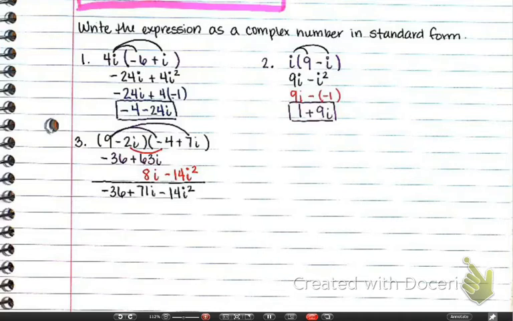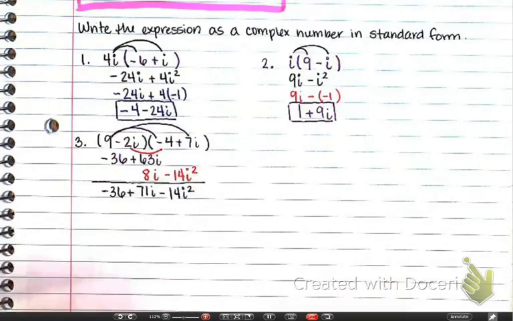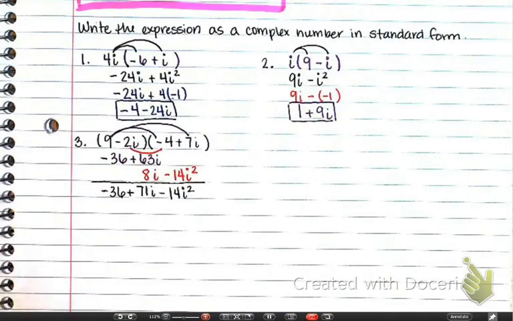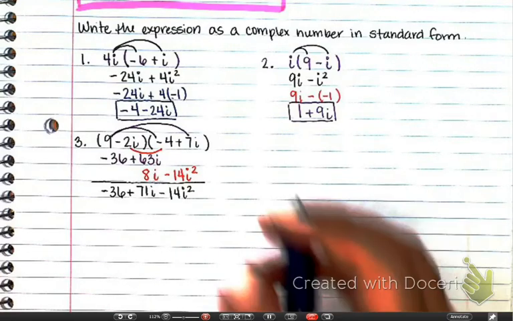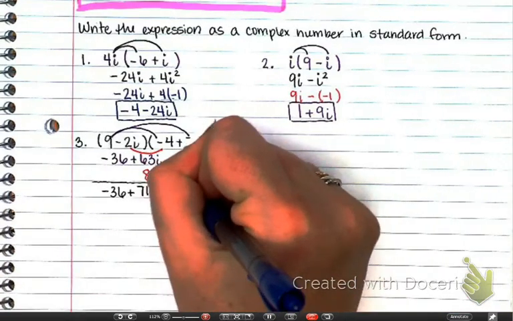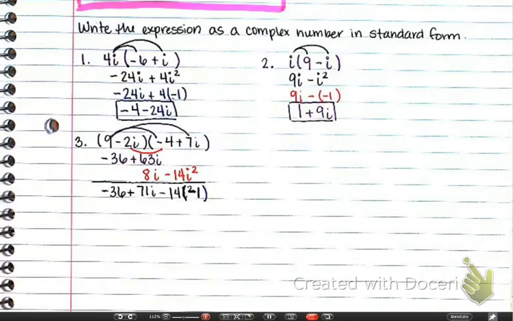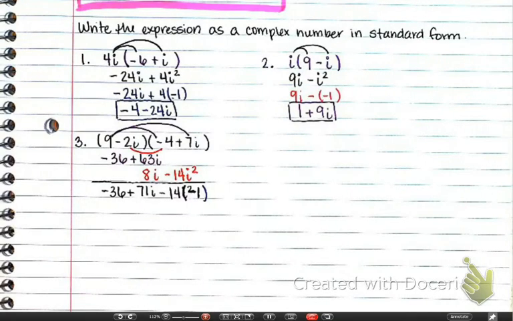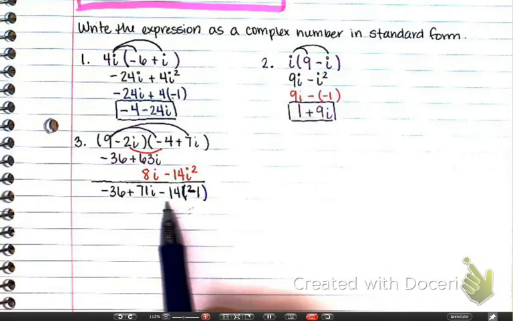Now, that looks great if we didn't have all the imaginary numbers. What do I have to do here? Replace I squared with negative 1. So I'm going to just see if I can write over it. Everyone have this part? I'm going to replace this with negative 1. Because now I have a positive 14.